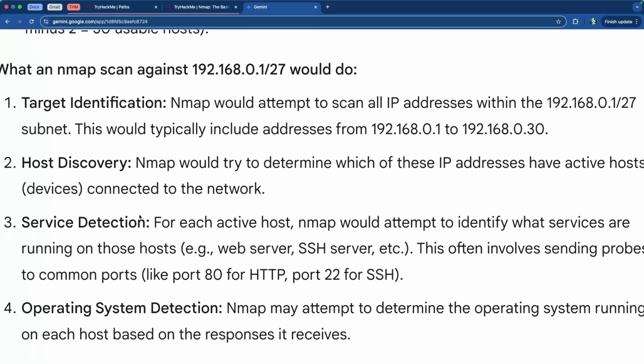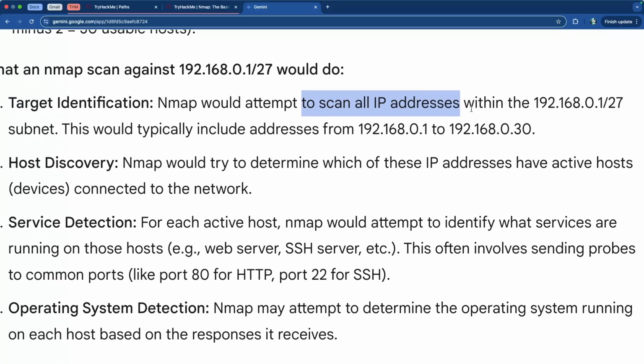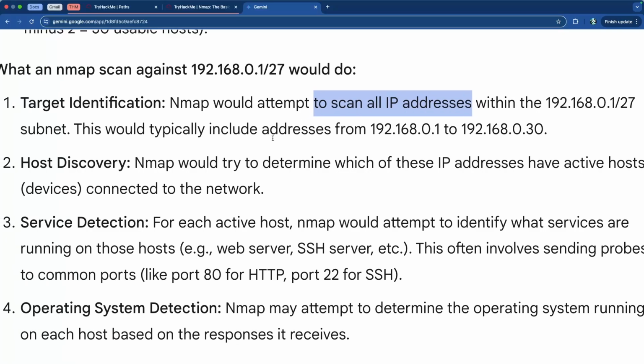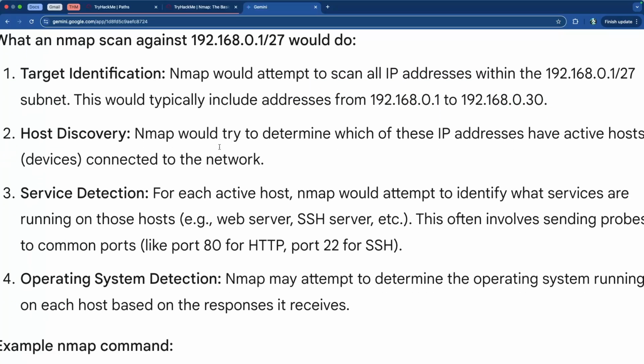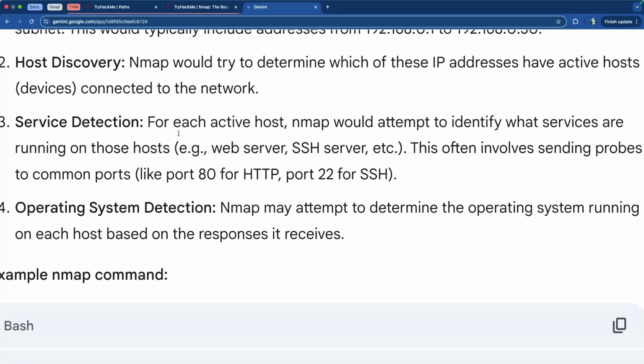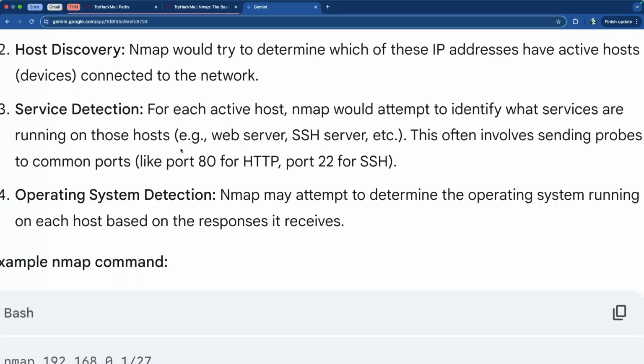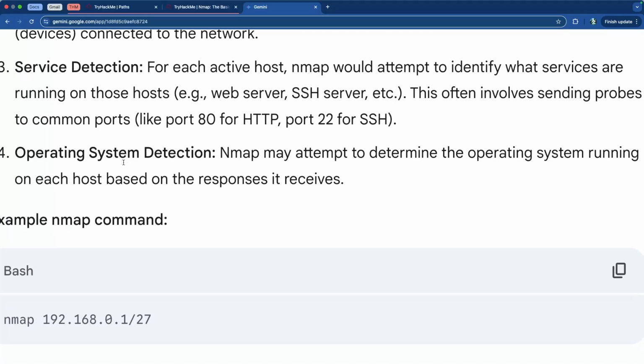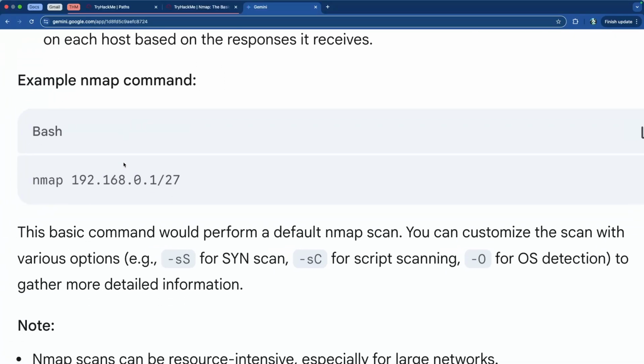So for target identification, Nmap would attempt to scan all the IP addresses within this range. This would typically include addresses from .1 to .30. Nmap would try to determine which of these IP addresses have active hosts. For each active host, Nmap would attempt to identify what services are running on the hosts. This often sends probes, operating system detection, and so on.